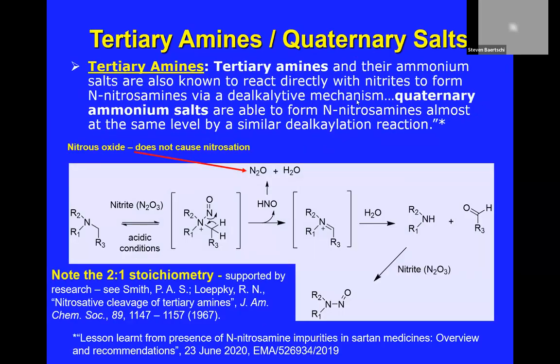Tertiary amines and quaternary salts, nitrosamines can form via a dealkylative mechanism, and even quaternary salts are able to form N-nitrosamines almost at the same level as tertiary amines by a similar reaction.